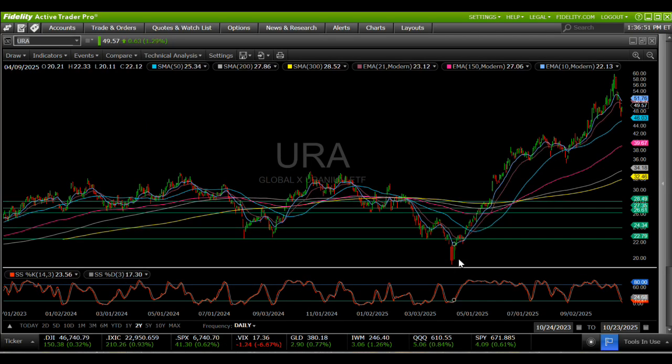With uranium, we were down in the 20s, about 20, got up to the 40 area, formed the flag, and then look at that, we got right up to $60.51 from $19.50. So that was a perfect bull flag outcome with this chart pattern.